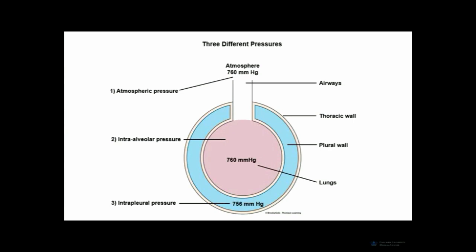So the reason why intrapleural pressure is less than atmospheric is because of this tendency that the lungs are trying to collapse. The natural state of the lungs is to collapse. But what prevents them is that surface tension in that intrapleural space.